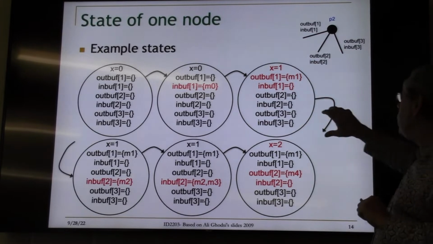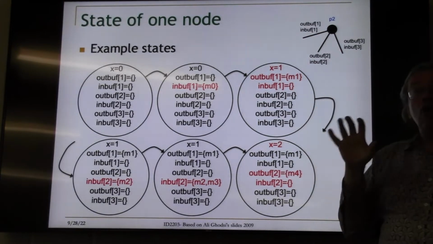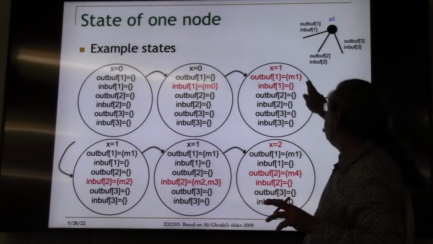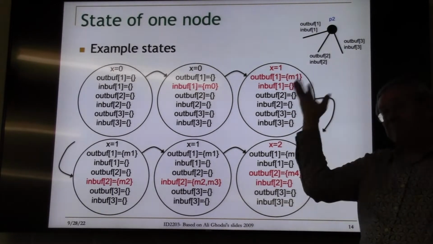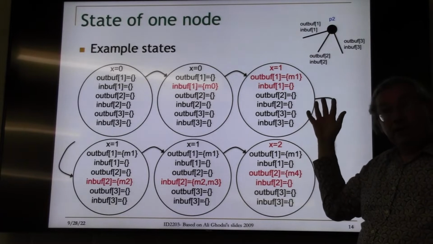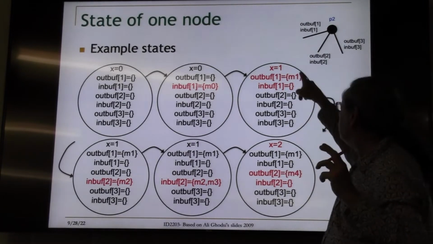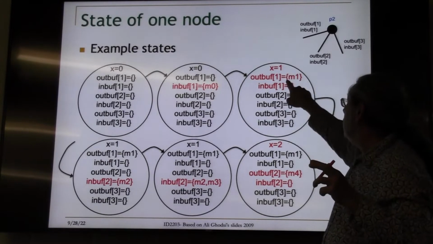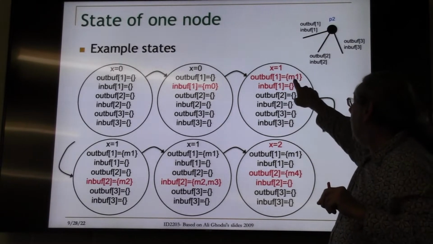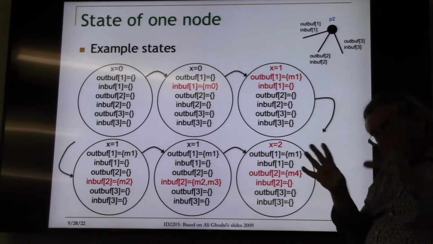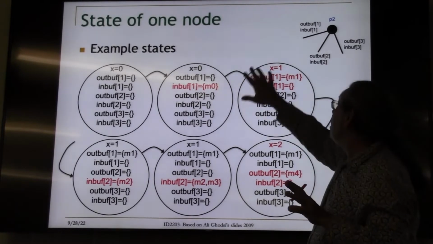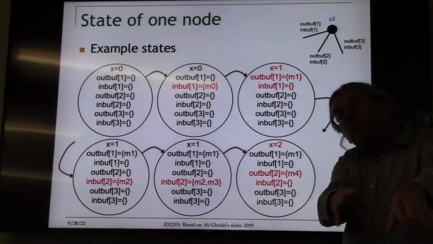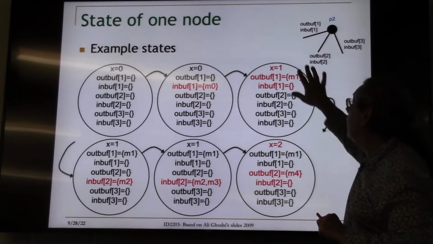So usually the way we model failures is the node fails. And when the node fails, all the network state on the node disappears. Okay? This is a crash stop failure. So if this node fails, we assume somehow that M1 is still close to this node, in the networking software of this node.